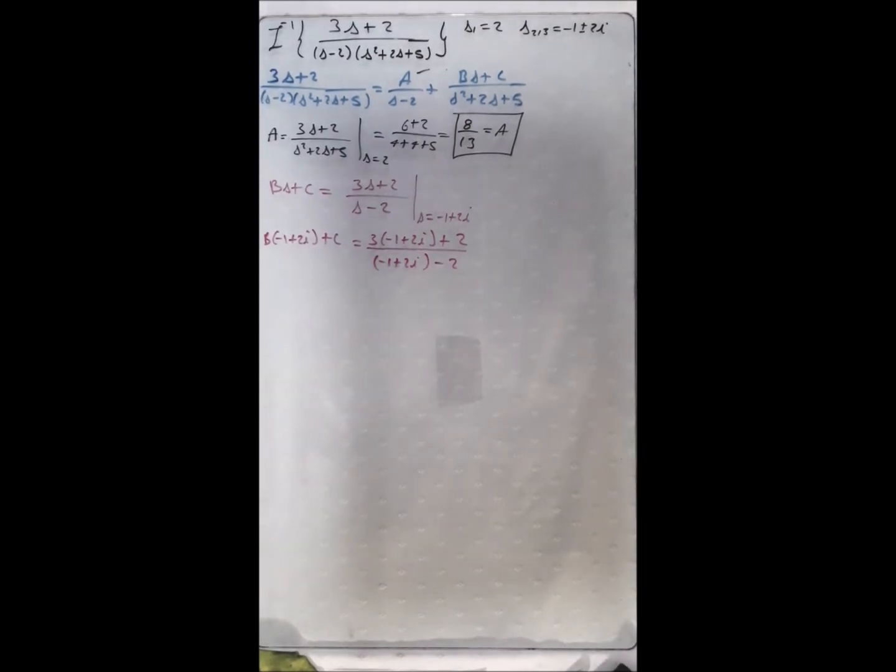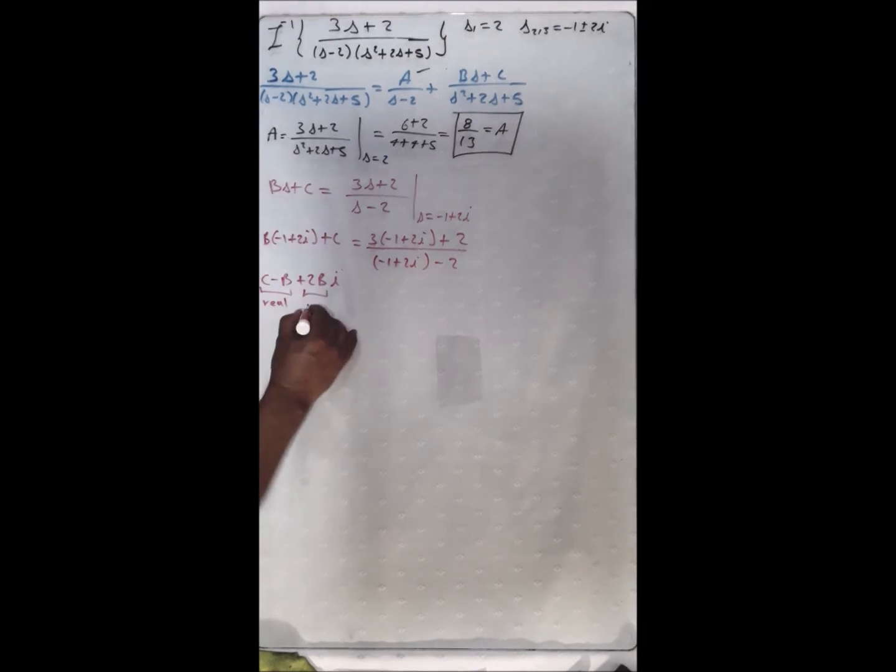Okay, on the left side, let's separate the real part and the imaginary part. So the real part is going to be C minus B, and then plus 2Bi. So this is the real, and this is the imaginary part.